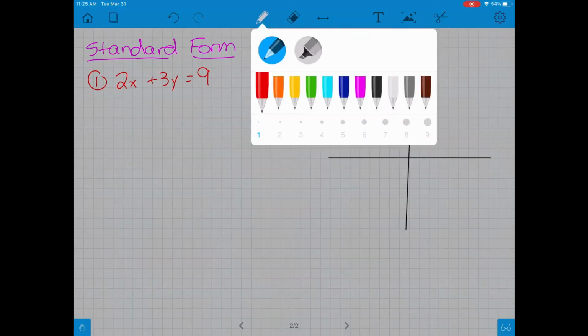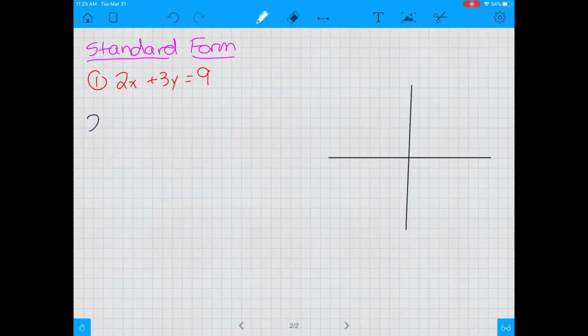2x plus 3y equals 9. And then my second line, I'll do in navy blue. Let's come up with a different equation, because I want these to be somewhat nice numbers.